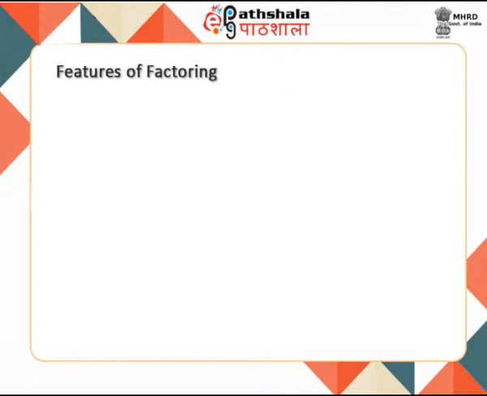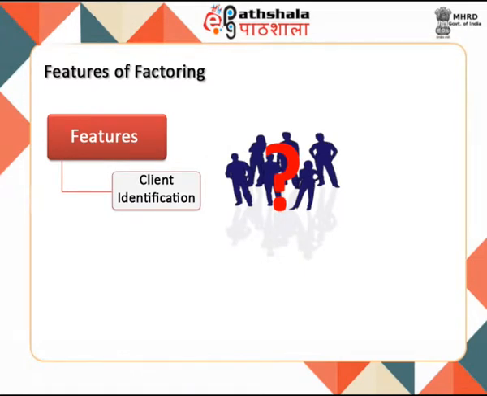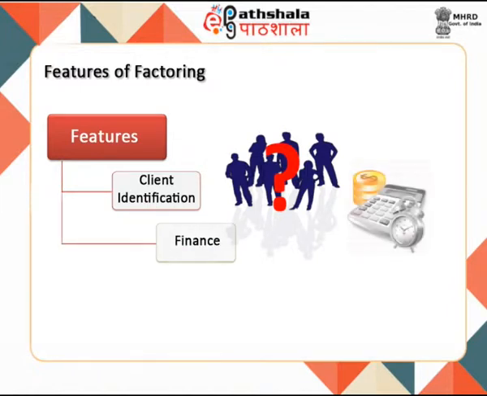Let us now discuss the features of factoring. First feature is client identification. The factor determines the clients with whom he wants to deal and fixes the credit limit they can grant. Next feature is related to finance.